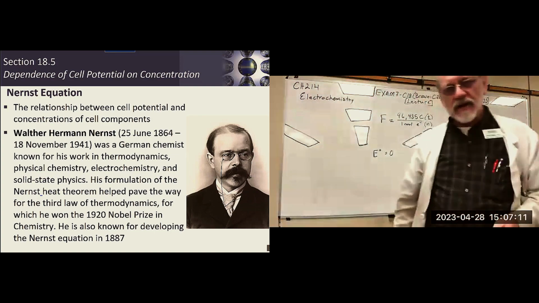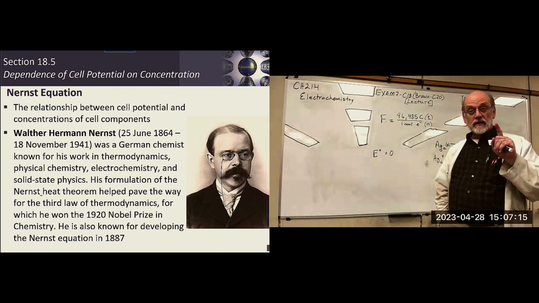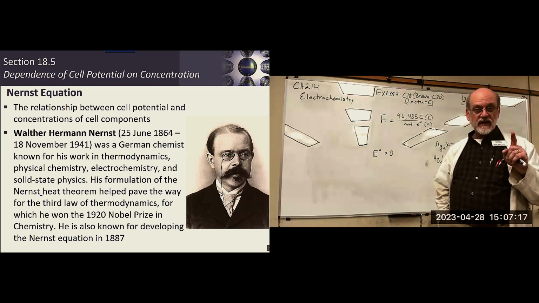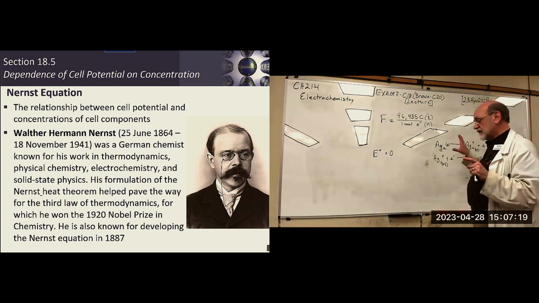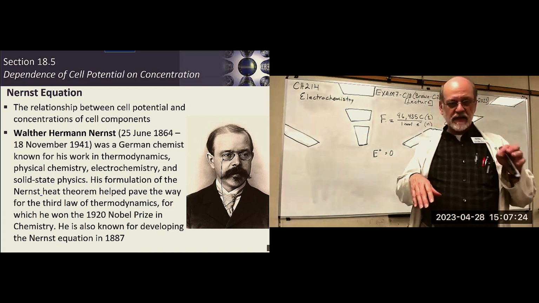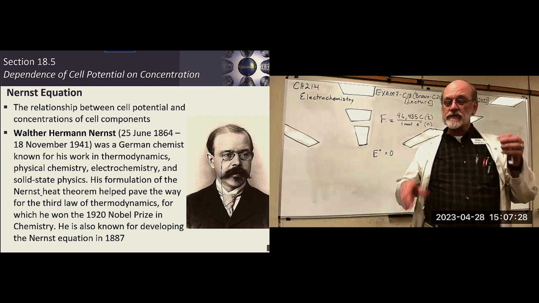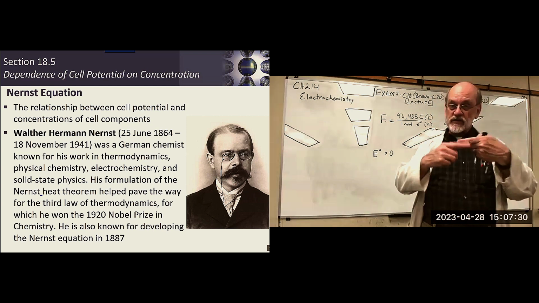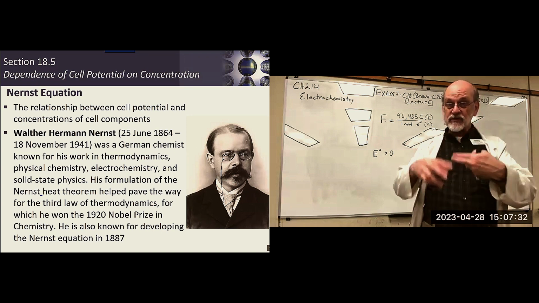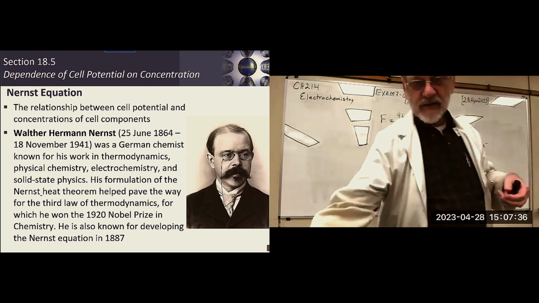All right, now we're going to learn how to calculate the actual potential for a galvanic cell based upon their concentrations. Originally Walter Nernst incorporated concentrations, incorporated temperature into his calculations.